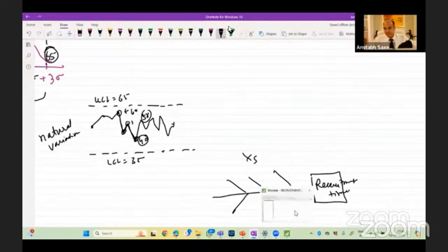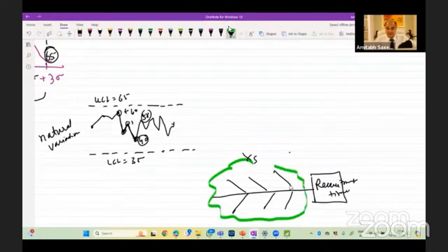In a short time, we are going to get our cause and effect diagram. Recruitment time is dependent on a lot of factors like job descriptions available, candidates available, interviewees available, so many factors. These factors are collectively acting on my system and producing this variation. This is known as common cause variation.